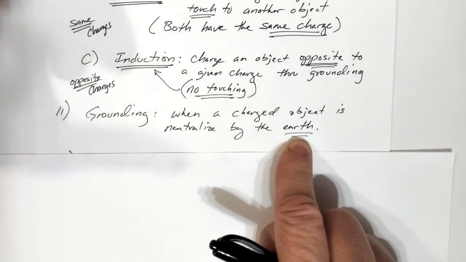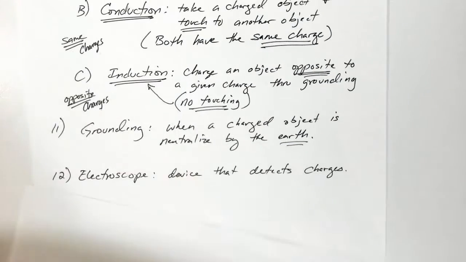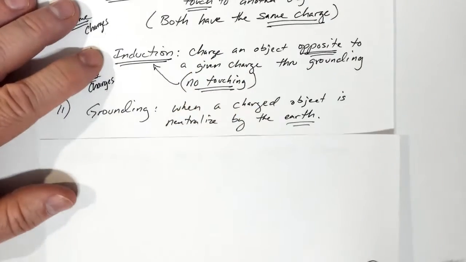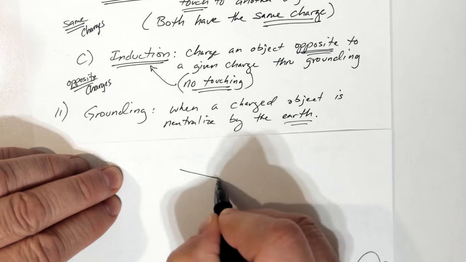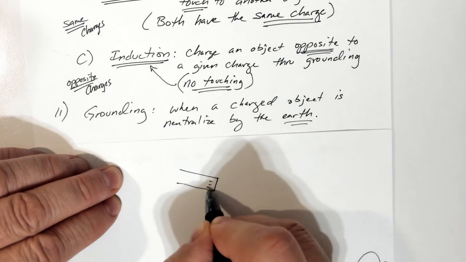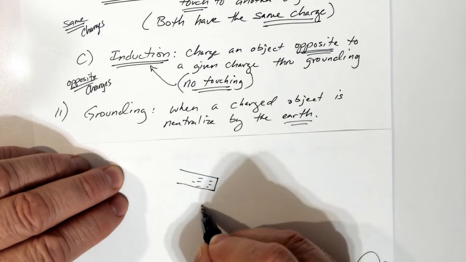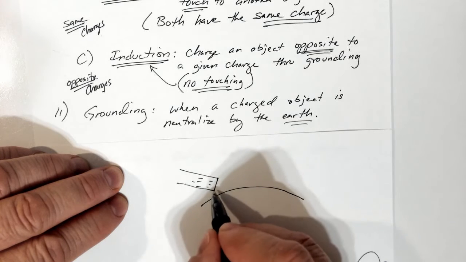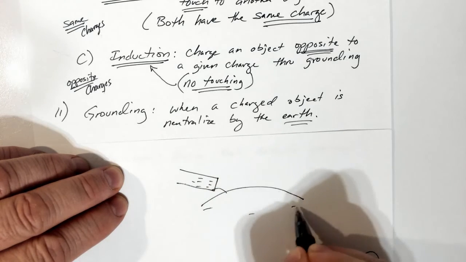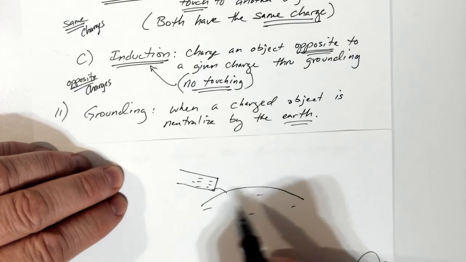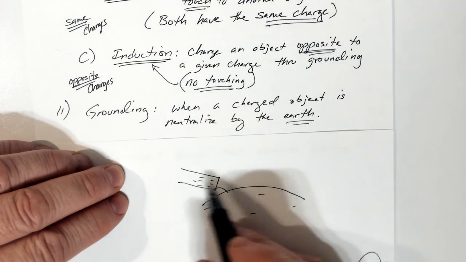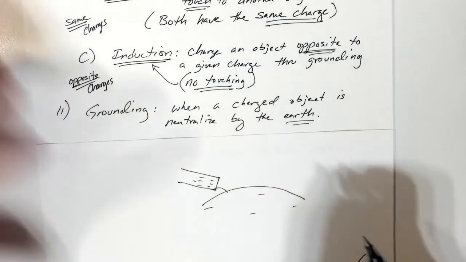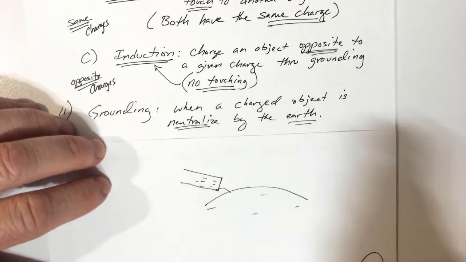So if you brought an object near the earth that had a negative charge, let's say we had a negative rod, and you bring it near the earth and you touch it, they can jump off and it spreads all around the earth. So the earth is good at absorbing extra negative charges or adding electrons to an object and making it neutral. So it neutralizes objects. That's what the earth does.